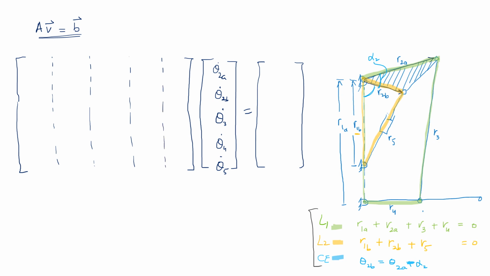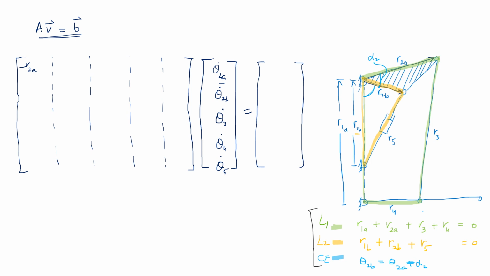So the first column corresponds to the theta 2a dot term. For the very first equation, this turns out to be minus r2a, and because we have confined space, I can use a short notation, and generally in robotics we do use these short notations.